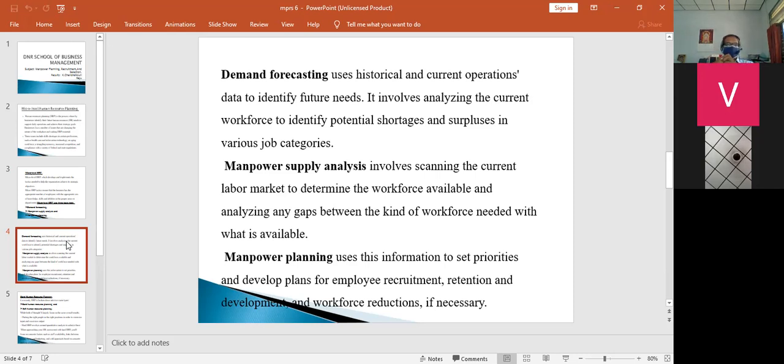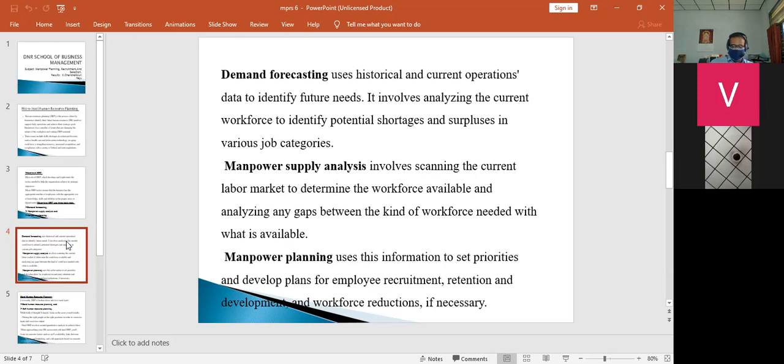Next, manpower supply analysis. It involves scanning the current labor market to determine the workforce available and analyzing any gaps between the kind of workforce needed and what is available. So here, scanning the current labor market. As we discussed in your previous classes about the demand for labor, if there is a huge demand for labor, definitely we need to pay more salary.